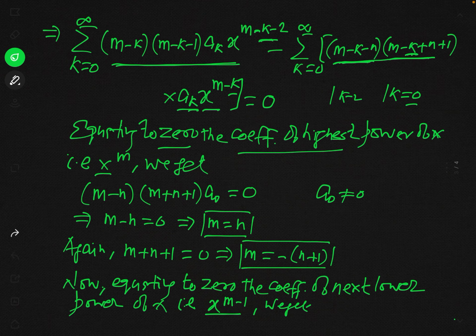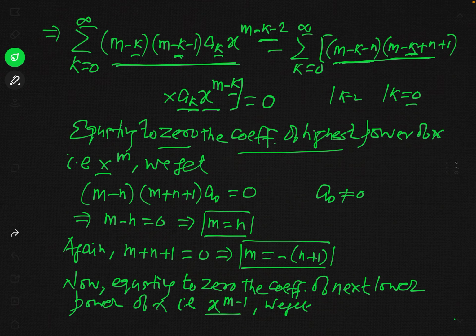So in the first series you will have x to the power m minus k only when you change this k by k minus 2.